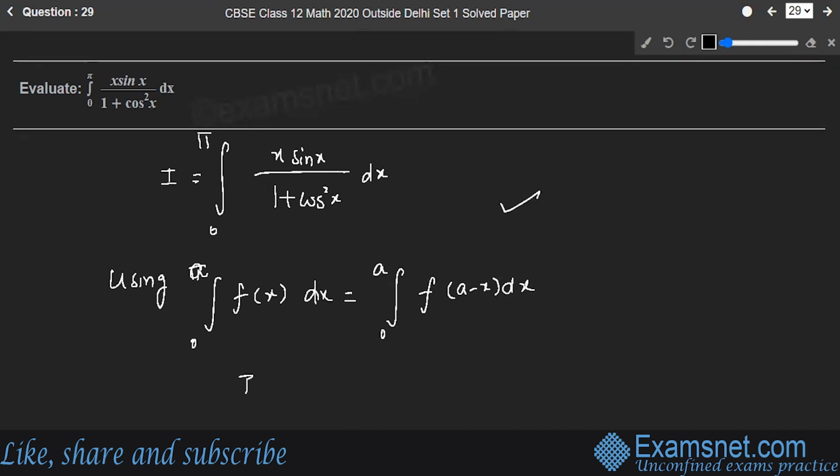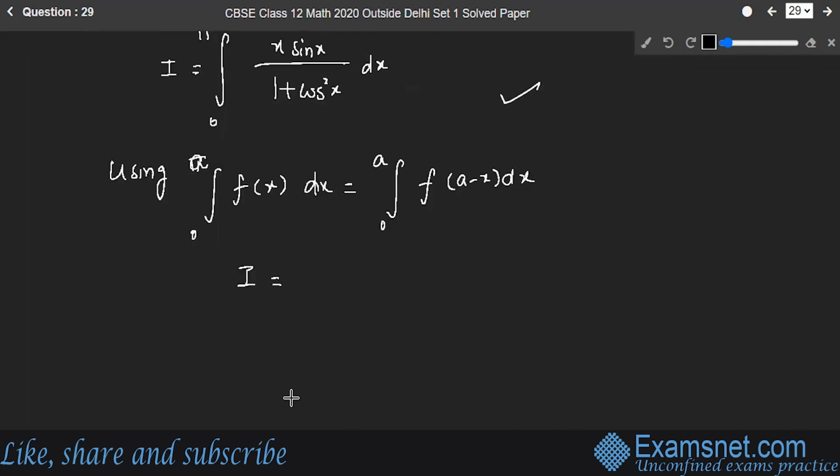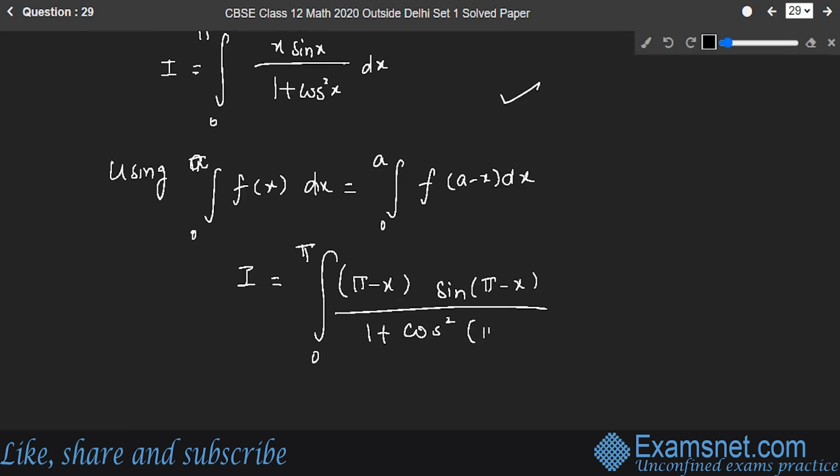So now I will be equal to, x will be converted into pi minus x, integral 0 to pi sine of pi minus x whole divided by 1 plus cos square pi minus x dx.